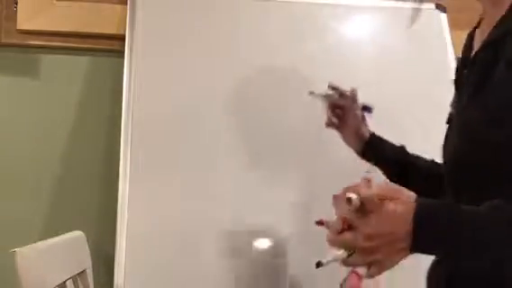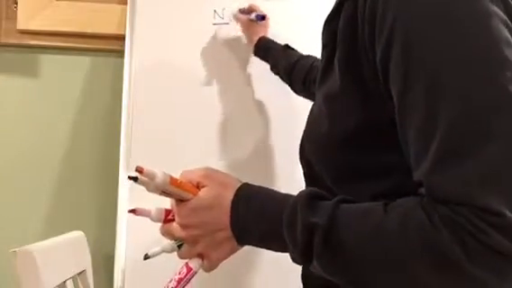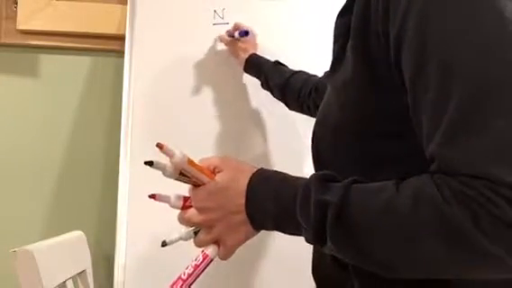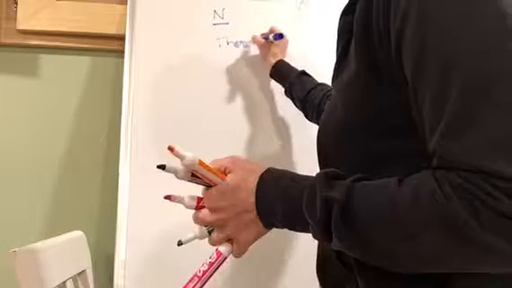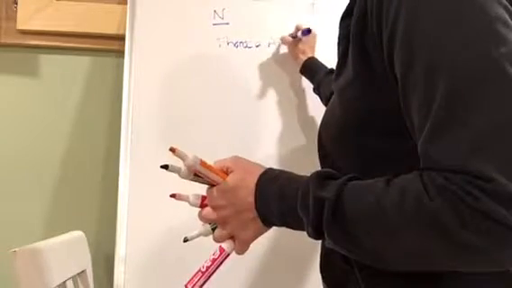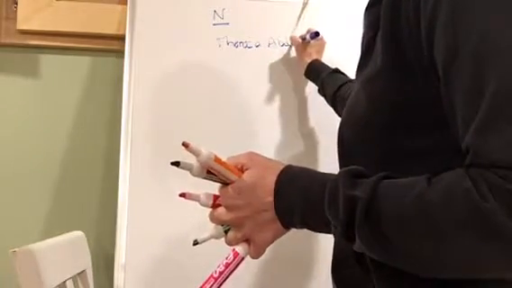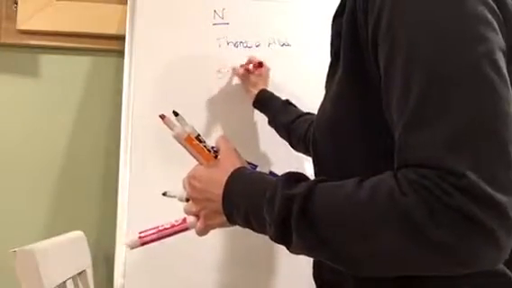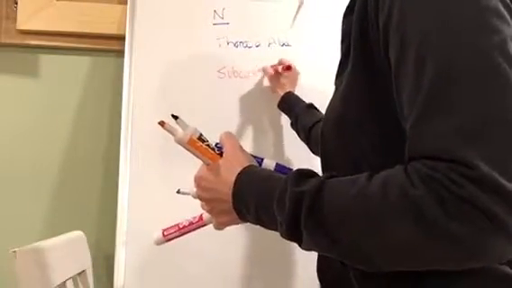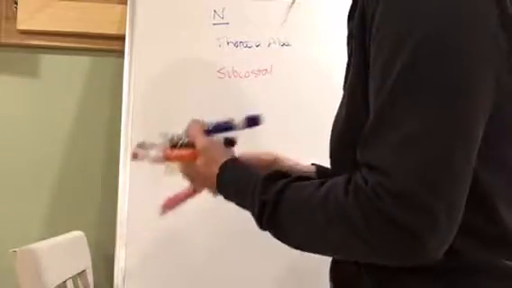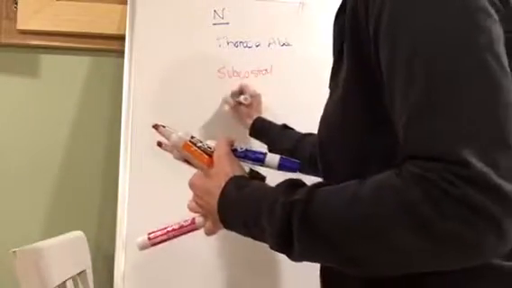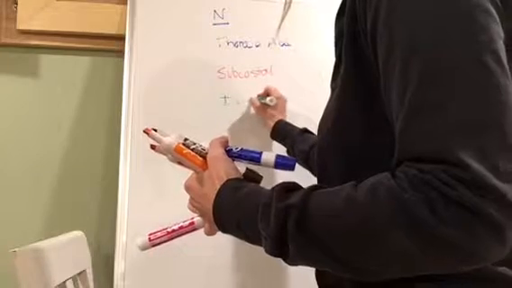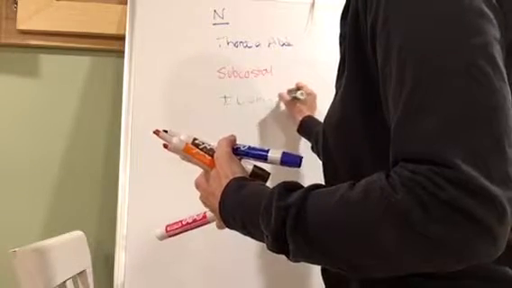Okay, we can go into the nerves. We have thoraco-abdominal. We have subcostal. We have iliohypogastric.